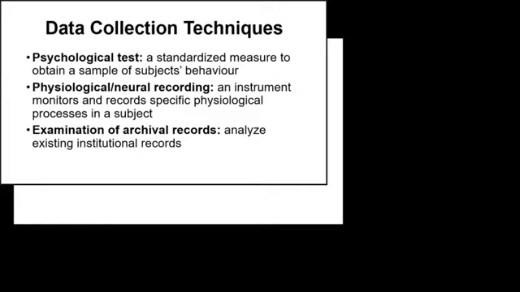And then one that I find often gets left out is actually the examination of archival records. This is when you analyze existing institutional records. In psychology, this is really important because sometimes we don't know that something's worth studying until much later. So a lot of very famous psychological studies have been conducted on sort of incidental pools of data.